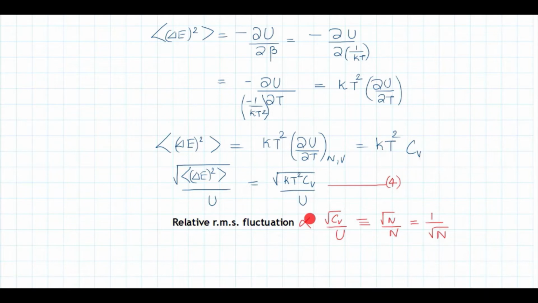That means the relative RMS fluctuation is proportional to square root CV divided by U, because K is a constant, T is a constant for canonical ensemble. So square root CV by U.